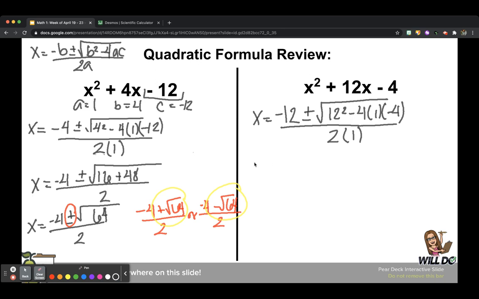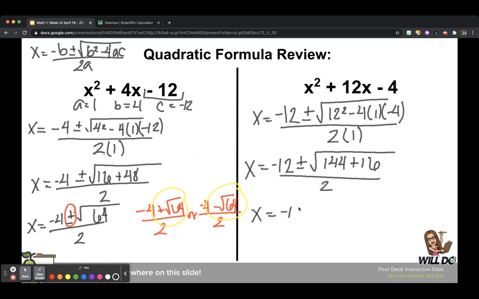Okay, so let's take x is equal to negative 12 plus or minus 12 squared is 144. Okay, and then we have negative 4 times 1 times negative 4, which gives us a positive 16, all over 2. So x is equal to negative 12 plus or minus radical 144 plus 16. Okay, that gives us 160.